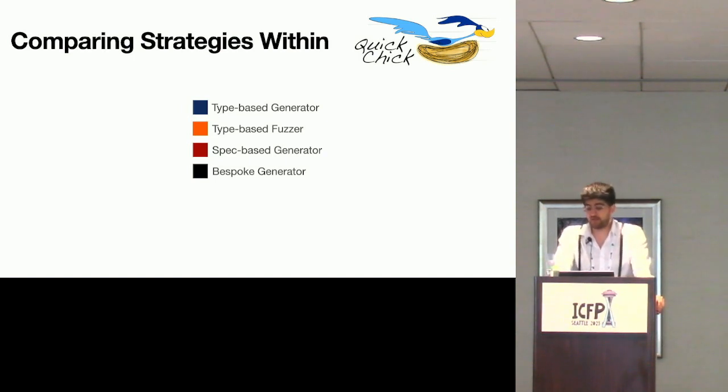The second one is a type-based fuzzer that merges property-based testing with AFL-style fuzzing. The third is a specification-based generator that is automatically driven from the inductive specifications in Coq that are similar to the invariants that we have seen, such as the isBST. And the last one is a bespoke generator that again acts as a top line.